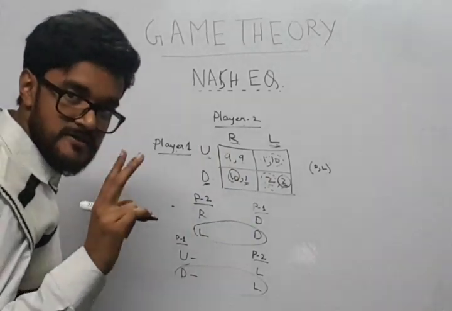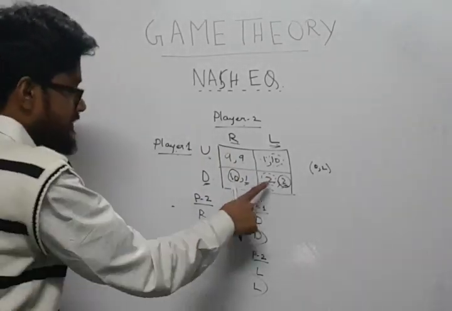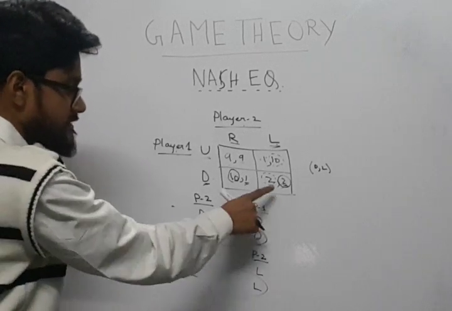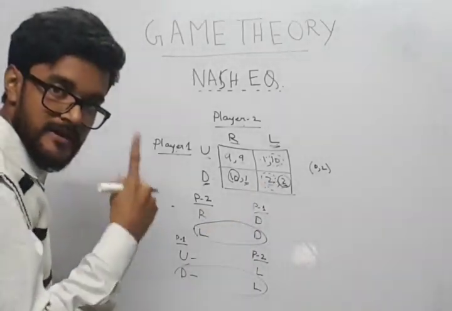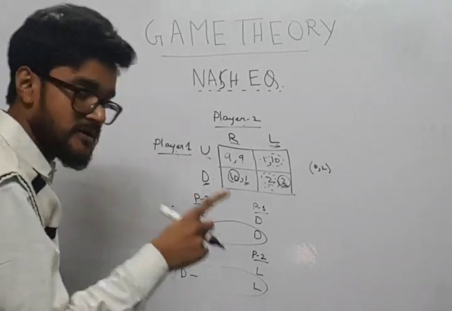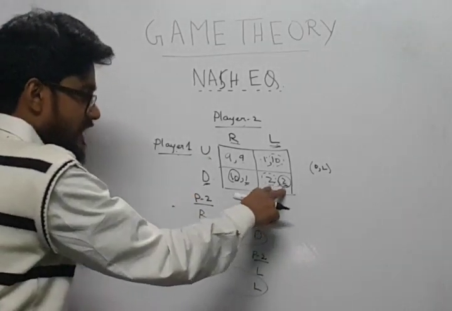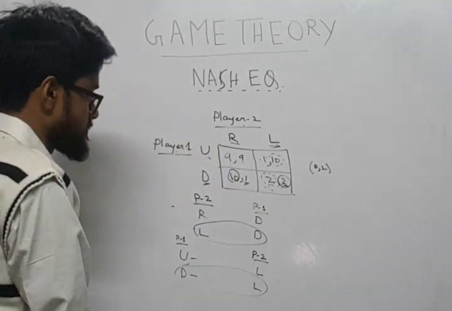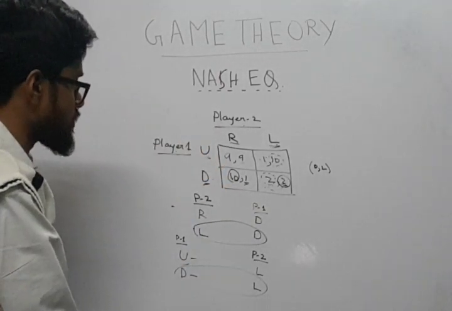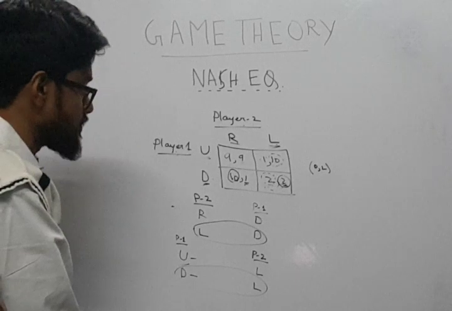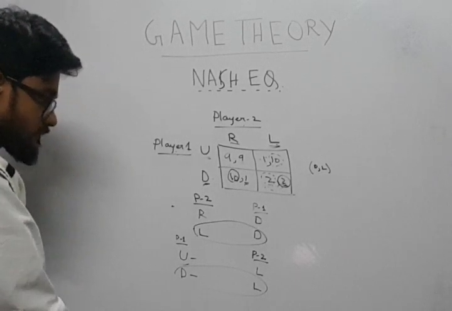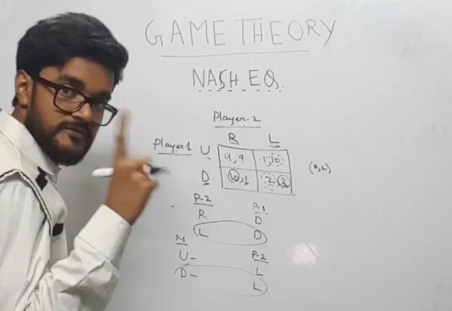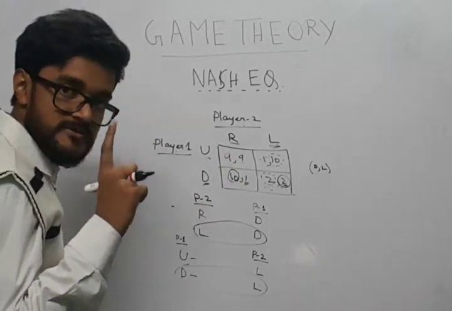Here we have just found one, that is D, L. At this point, no player has an incentive to deviate from this choice, as it gives the best response or best payoff. In today's video, we talked about Nash equilibrium where there is only one Nash equilibrium strategy.